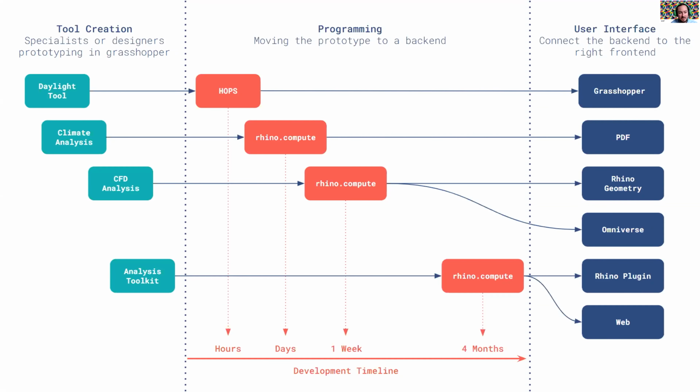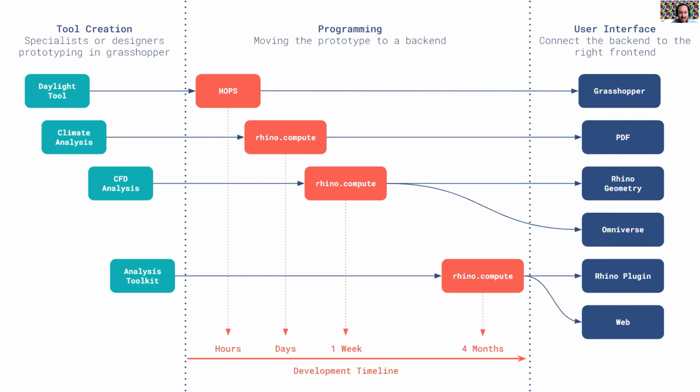And then if the tool seems to have promise beyond a specific project, we look first at the right side, what's the user interface and how do we deliver it back to our audience in the most productive way possible, and then back out, maybe user interface relative to time to production, back out the best programming method and move that to a backend.